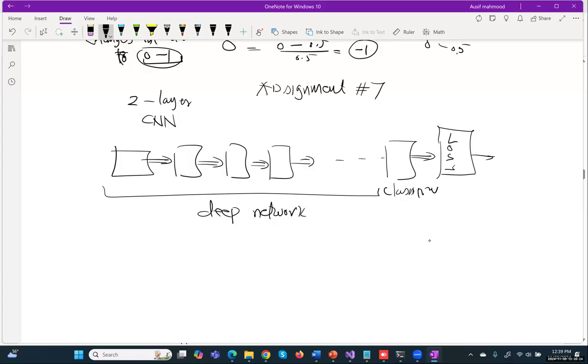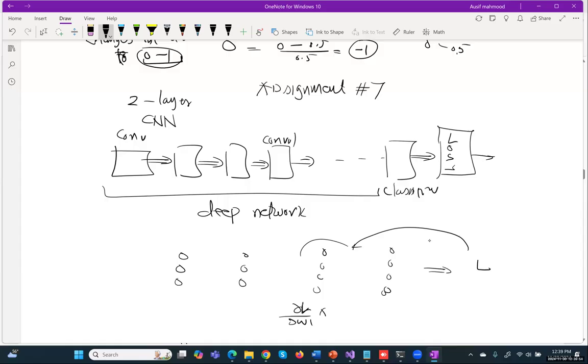We're doing a lot of convolutions. The only problem is, if you recall from our early lectures, let's say you created many linear layers and you computed the loss. Remember, you will compute partial L over partial W1, which is further multiplied by partial O1.